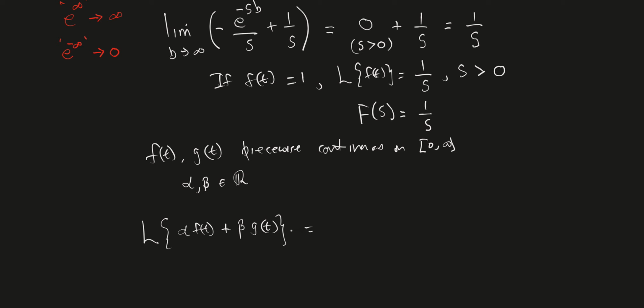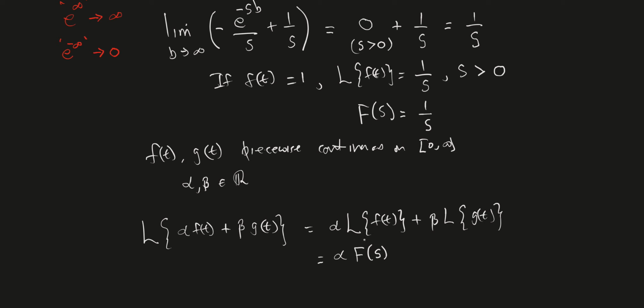There are going to be a few properties that we introduce before we get to see how this all relates to differential equations. But the property is, this is alpha times the Laplace transform of f of t, and then plus beta times the Laplace transform of g of t. And again, let me just use this to enforce another way that this can be written. So when I transform little f of t, I get uppercase F of s.